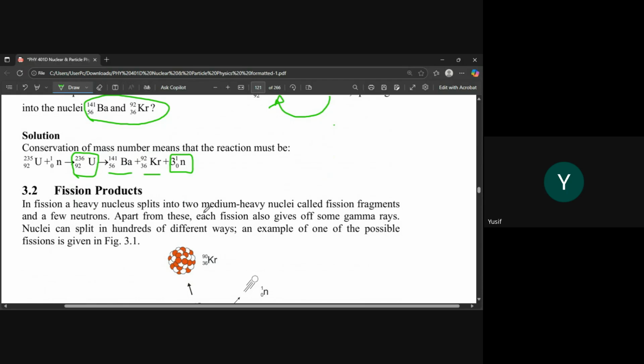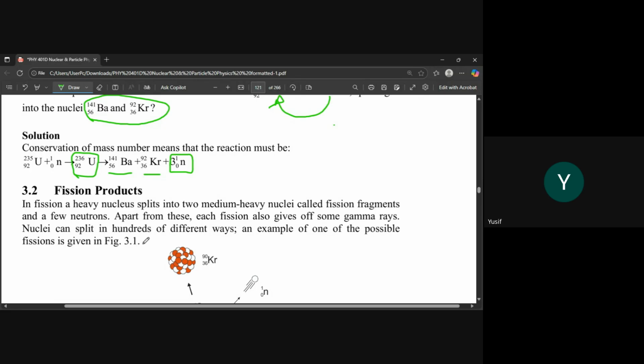Apart from this, each fission also gives some gamma rays. As you said, they also produce some gamma rays, which is also energy, because gamma rays don't have any charge, atomic number or mass number. So they are just raw energy being produced.